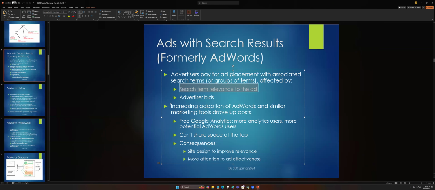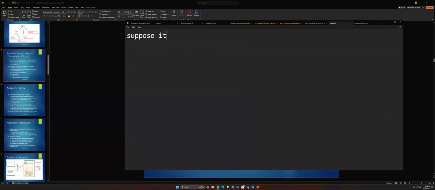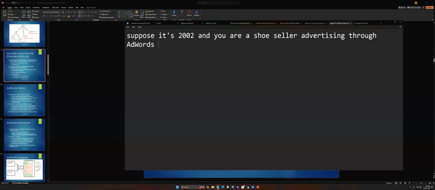Now, over time, what happened is that with AdWords initially, it was pretty easy for an advertiser to make money using AdWords because there wasn't a lot of competition. All right, so I'll give an example. Suppose it's 2002 and you are a shoe seller advertising through AdWords, and you're the only one in Chicago.